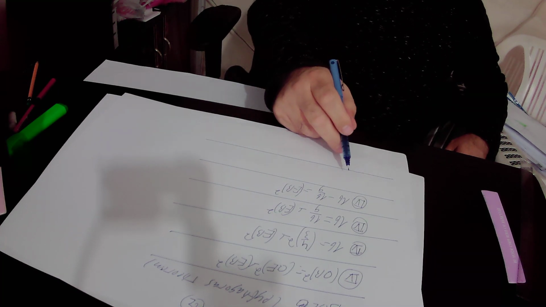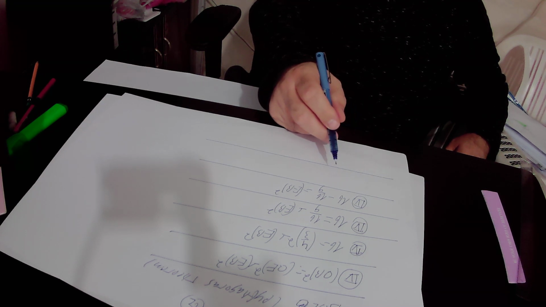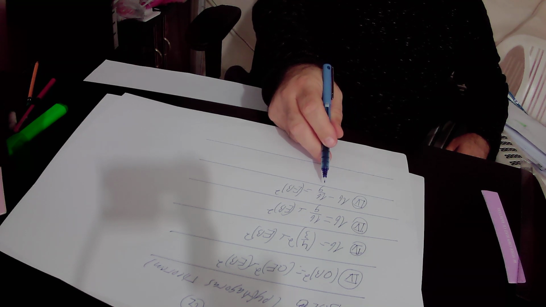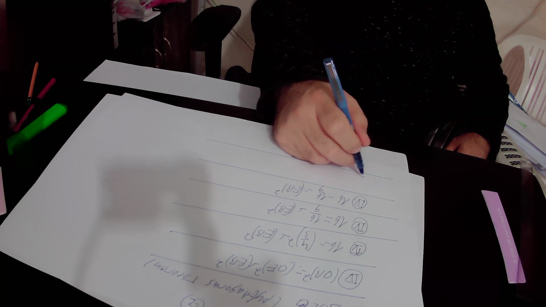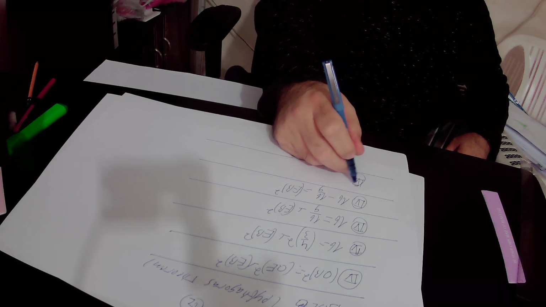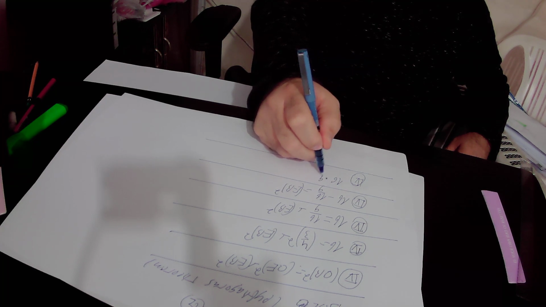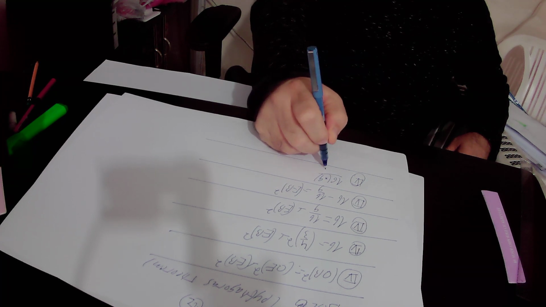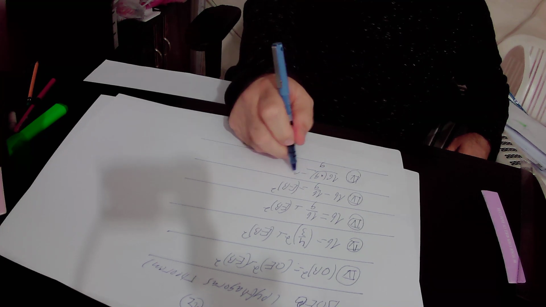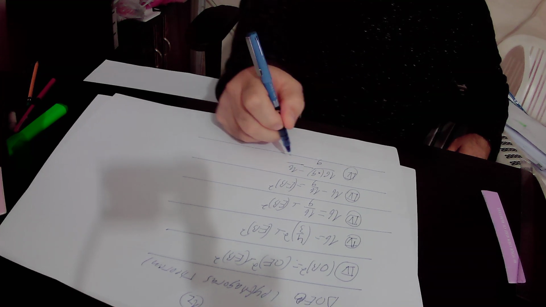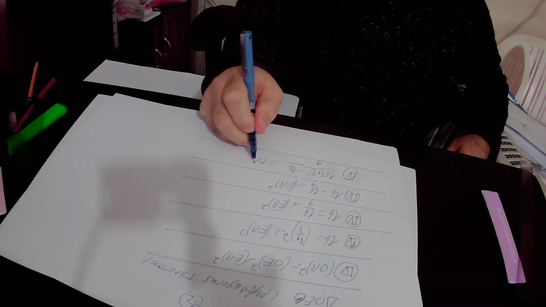Here we will multiply 16 by 9 and then divide by 9 in order to have a common denominator with 16 over 9, and we will get 16 times 9 over 9 minus 16 over 9 equals EB squared.